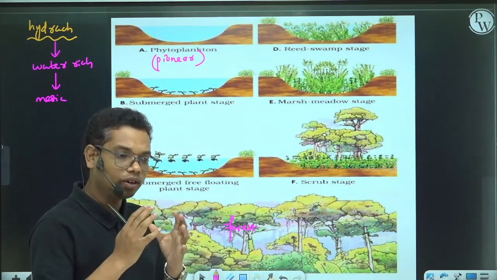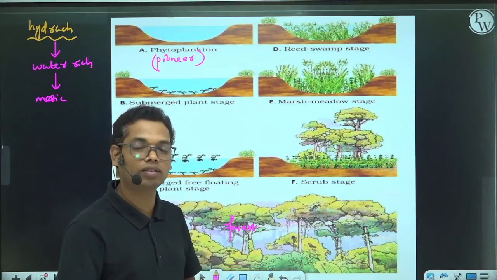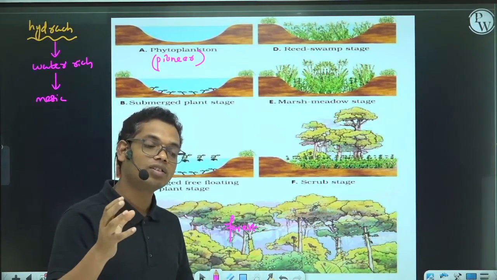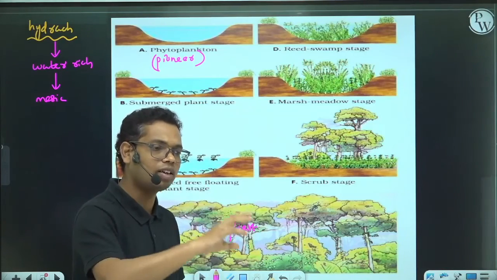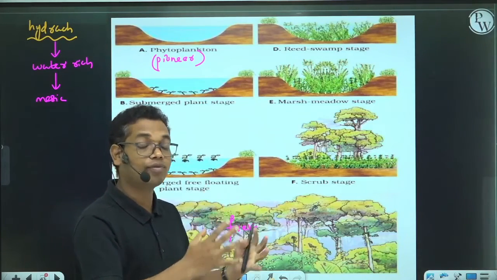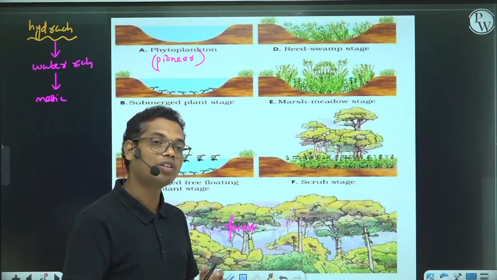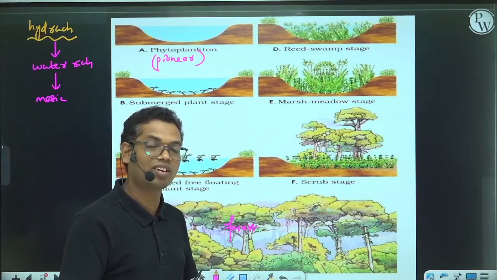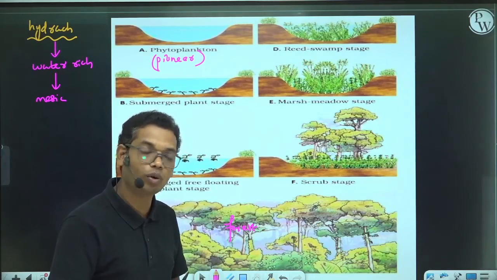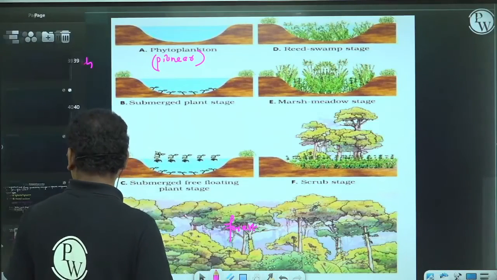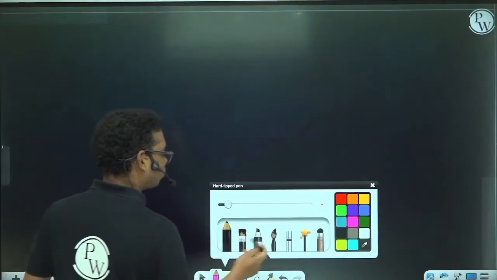Clear? Suppose there is an area, and in that area there was no plant. Gradually different species come and start to colonize, and ultimately a forest is formed. That process will be called ecological succession. Based on the nature of the habitat where the ecological succession is taking place, we can classify that as xerarch or hydrarch.